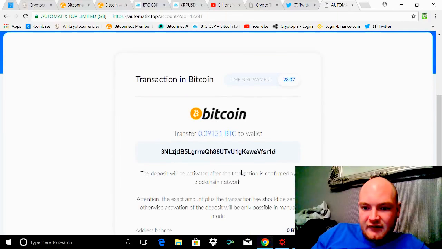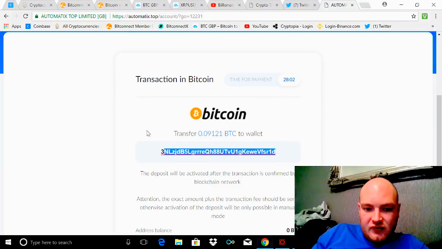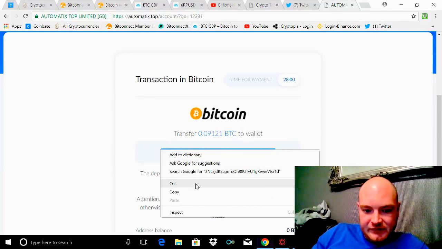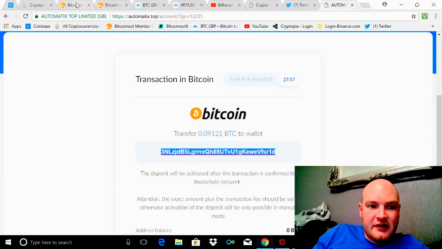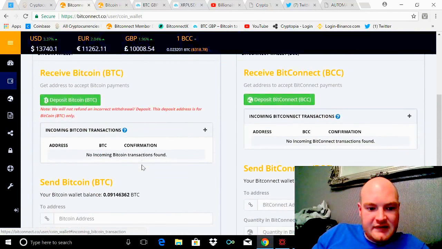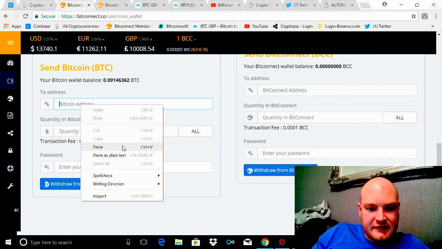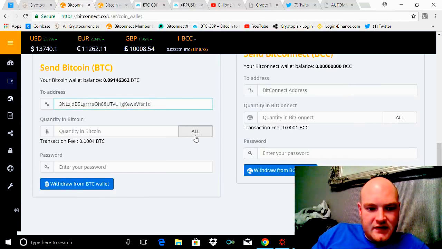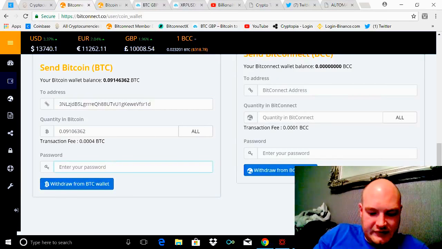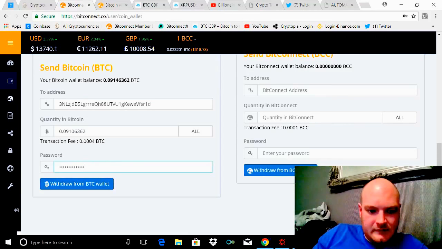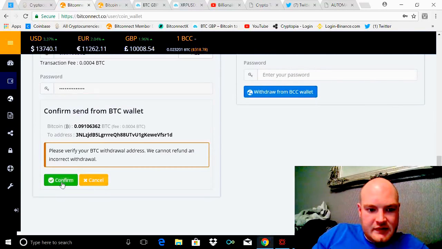So I'm paying with Bitcoin, so I select that, and then I'll go to pay. It gives you just over 28 minutes to send it, so I'll copy this address into my BitConnect, send Bitcoin, all, password, withdraw, confirm.